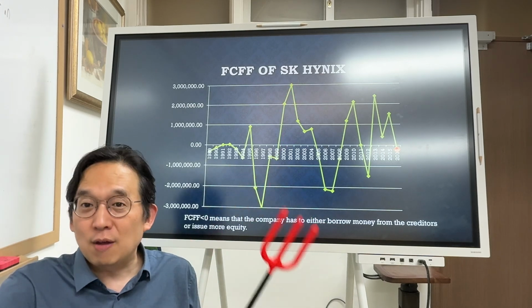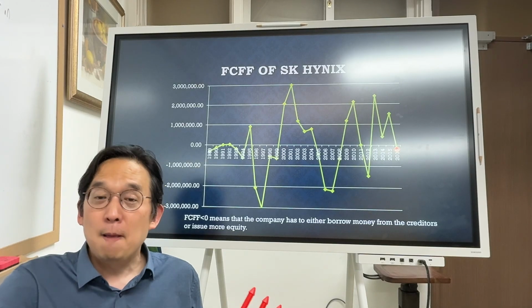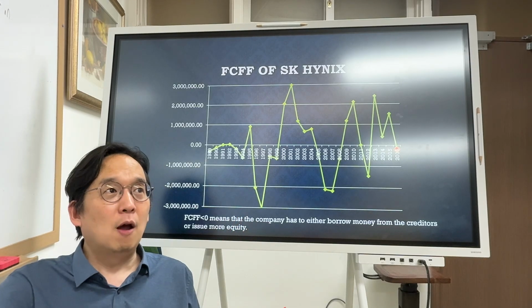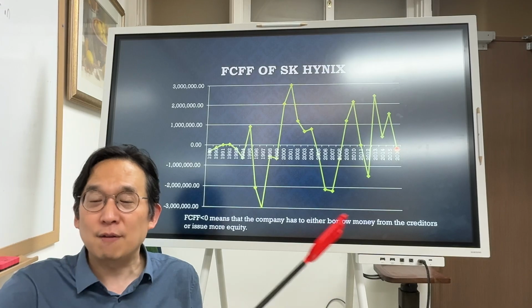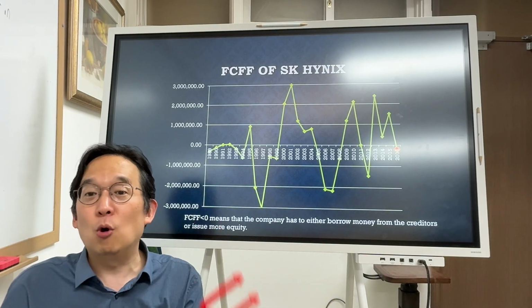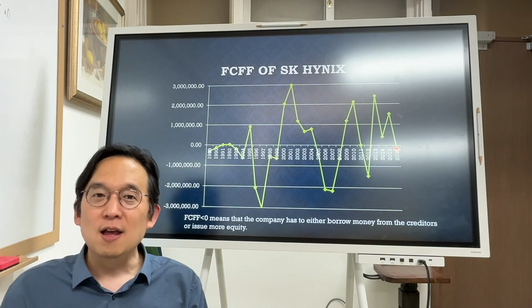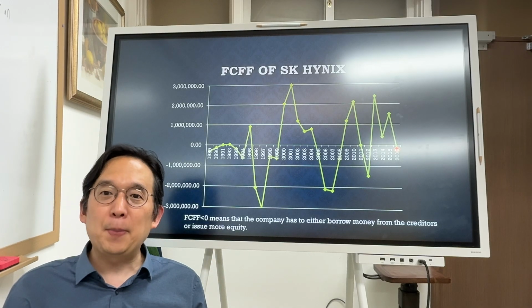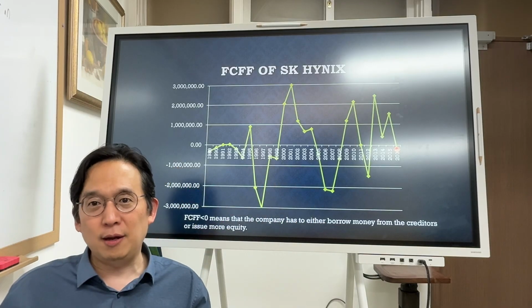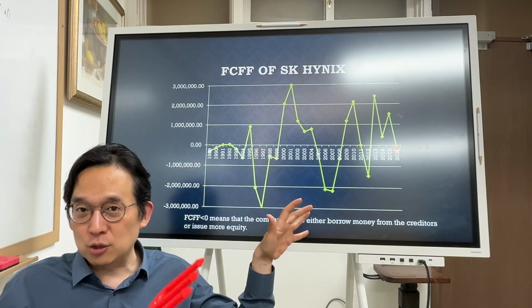You need to have some precautionary savings to prepare for that. But at the same time, you have to find a way to diversify your business. Don't get concentrated. Don't put all your eggs in one basket called semiconductor. So is there any company that diversified, starting from semiconductor but reaching out to different industries?